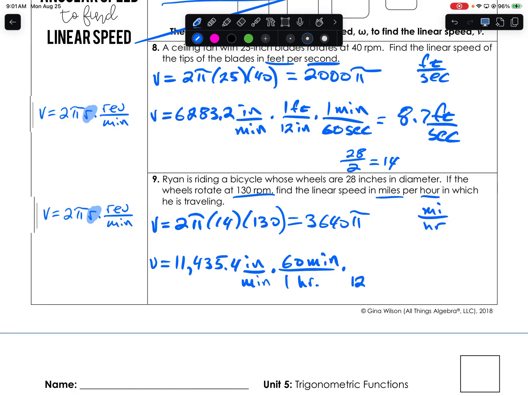So 12 inches on the bottom, 1 foot on top. 5280 feet on the bottom, and 1 mile up top. When you multiply all that, you get 10.8 miles per hour.